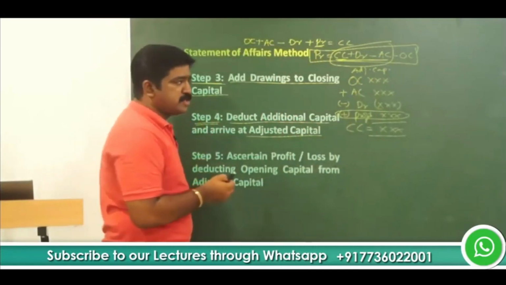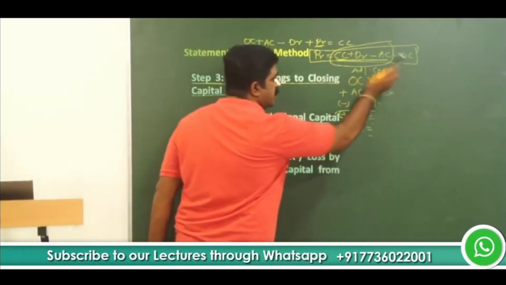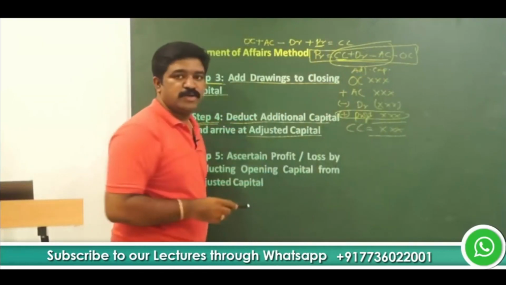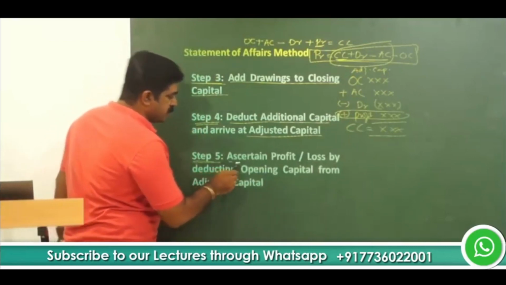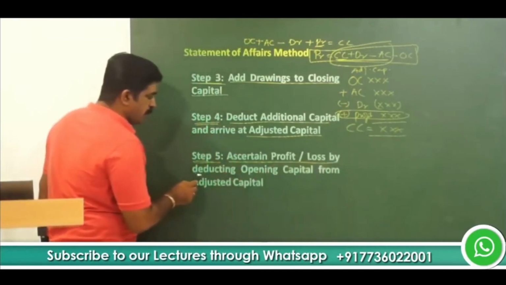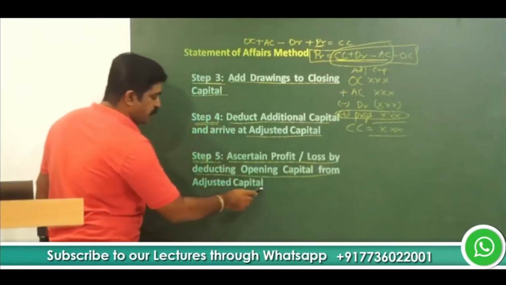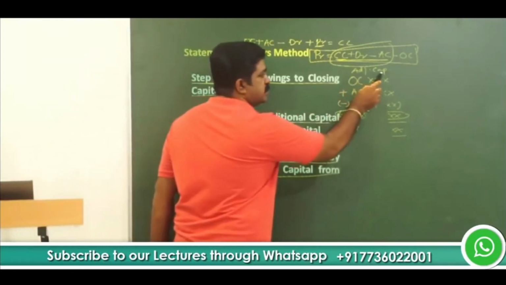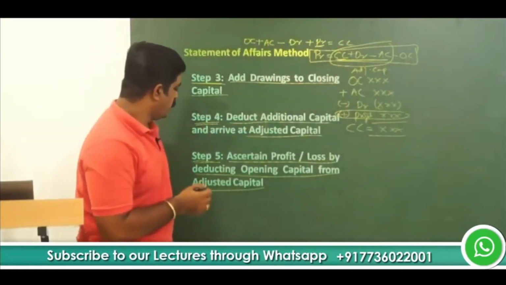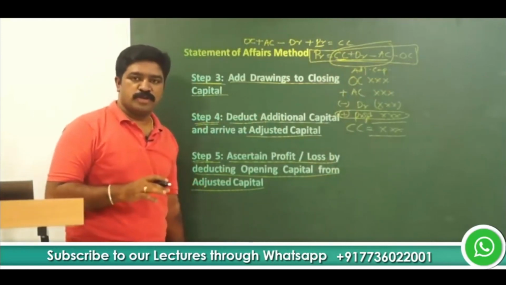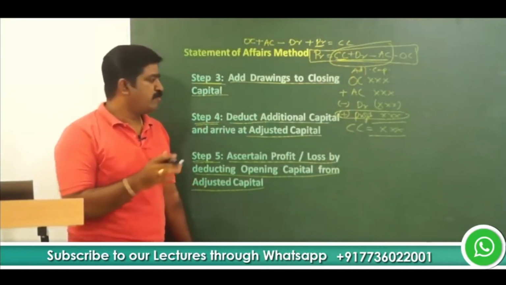Now from this adjusted capital, if you are deducting opening capital, where will you land? You will land in profit. Look at here. Step 5, ascertain profit or loss by deducting the opening capital from adjusted capital. This is your adjusted capital. From this deduct opening capital, what you get is profit. So this is how we compute profit under statement of affairs method.